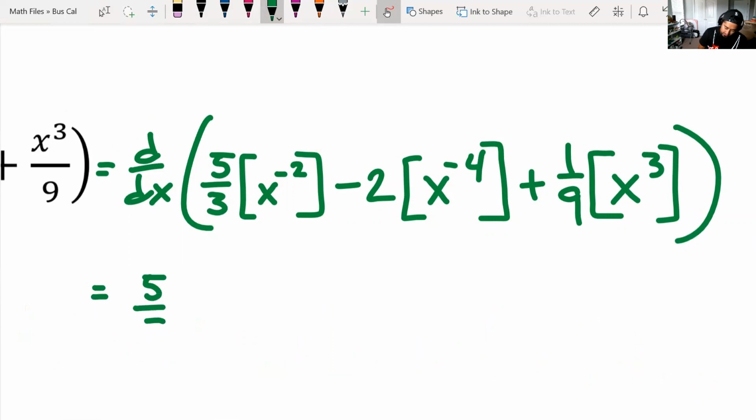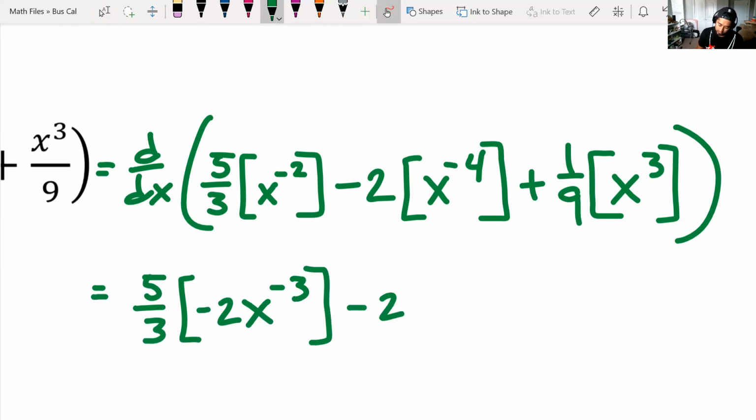So first, starting with 5/3 times the derivative of x to the negative 2. The d over dx disappears because we're now ready for the derivative. The derivative of x to the negative 2 is negative 2x to the negative 3. Minus 2 times the derivative of x to the negative 4, which is negative 4x to the negative 5.